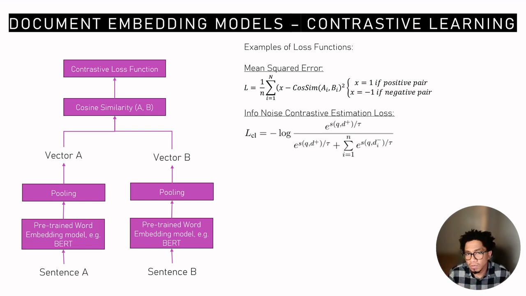And the opposite is true if you have a negative pair. And those negative pairs could be some like opposite sentences or could be unrelated sentences. So that's essentially one example of a loss function. Another example is info noise contrastive estimation loss.